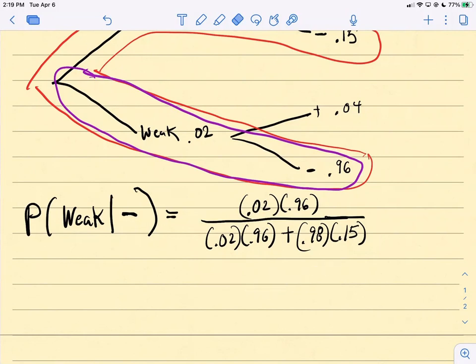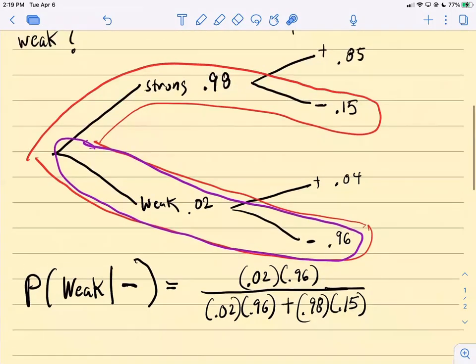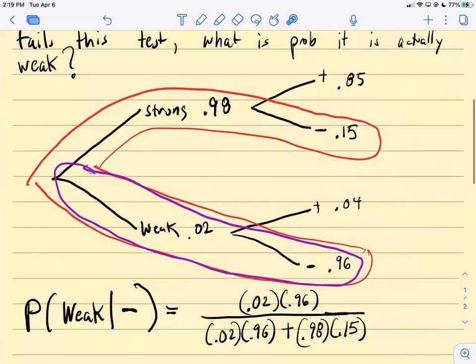Okay, so a good question here. Why do I multiply 0.98 times 0.15? The way to think about this is 98% of the wires are strong, but 15% of those strong ones will test negative. So to get the number of wires that you will actually test negative but are strong, you multiply 0.98 times 0.15. That's 15% of the 98 strong wires.